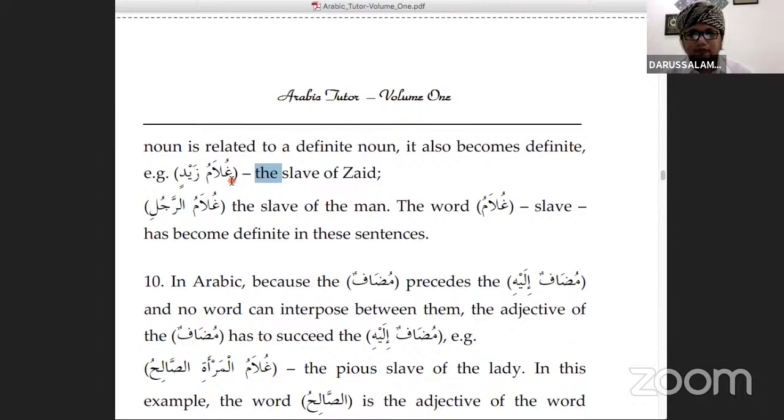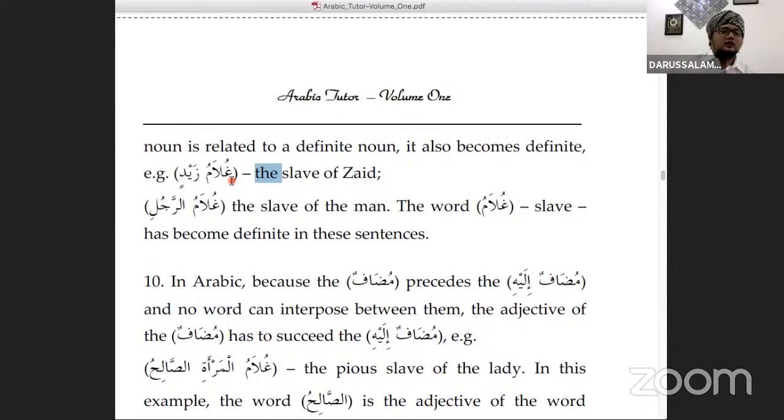No. There's no al next to ghulam, but it becomes ma'rifah. Why? Because Zaid is ma'rifah. Understood? Faham tak? Yes.